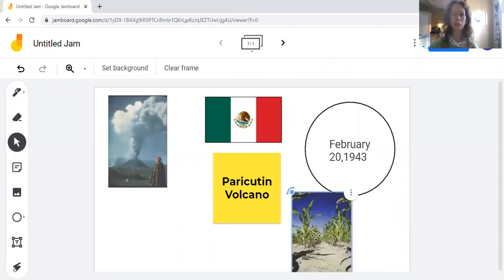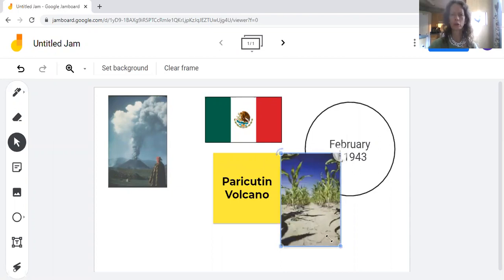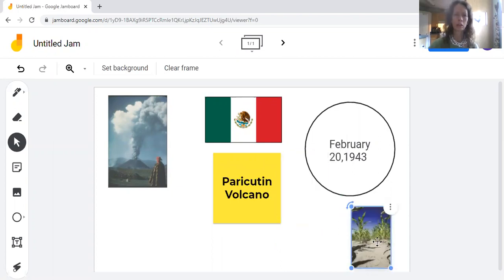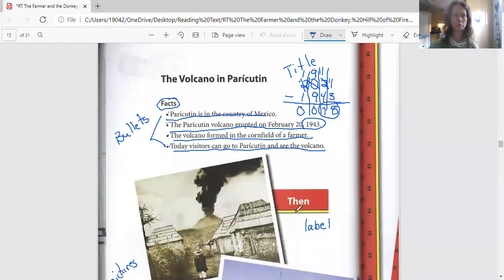In the cornfield of a farmer. Let's make it a little smaller. Cornfield of a farmer. Well, let's go back and look at our facts. Let's see what we want. See if we've missed anything. Oh, today visitors can go and see it. Let's do a picture of what it looks like today.